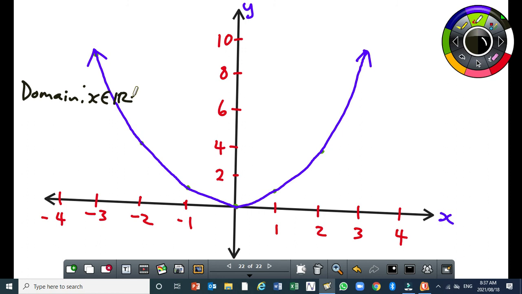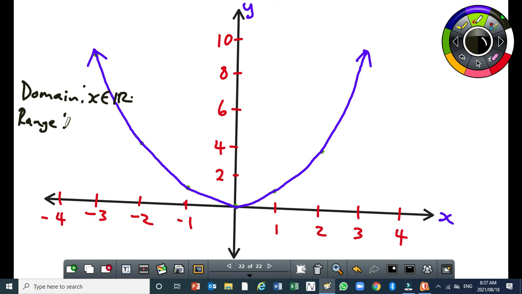Okay? Then the range, right? Your minimum value is going to be the value of y at the turning point, if it has a smiley face like this. So the minimum value of y is going to be 0. The maximum is going to be positive infinity.